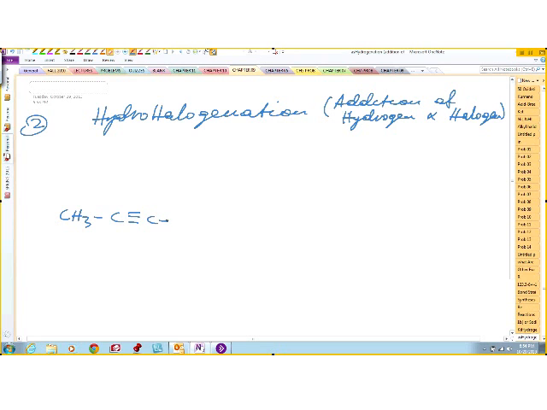Say we take hydrogen bromide. Let us use a symmetrical molecule here. Take hydrogen bromide.